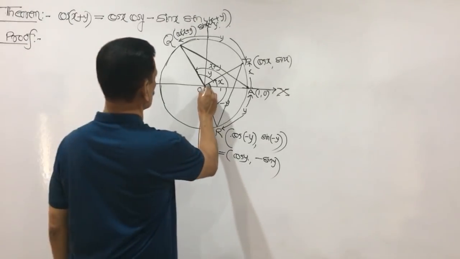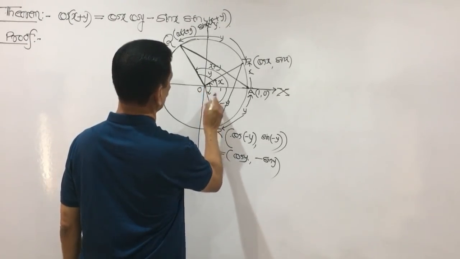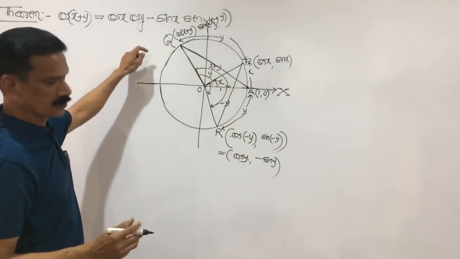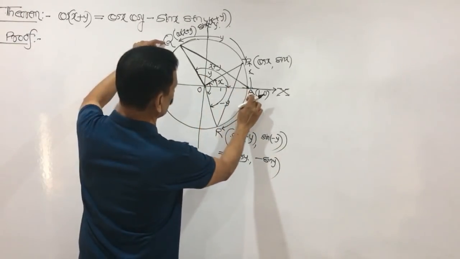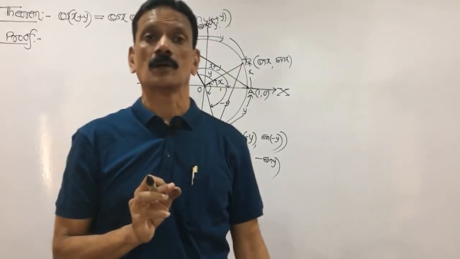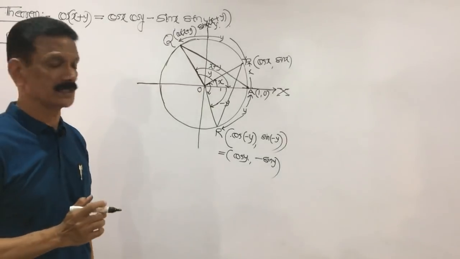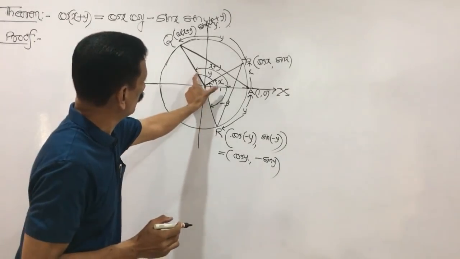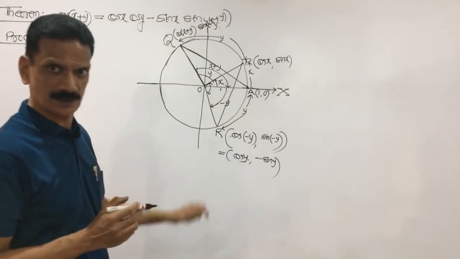This angle is x plus y, and here this angle is also x plus y. Observe, my dear friends, chord AQ is equal to chord PR. Why are they equal? Because the corresponding angles are x plus y and x plus y.